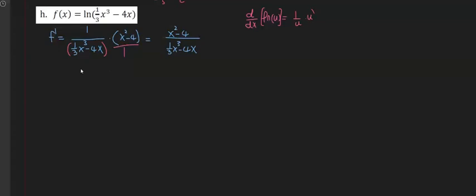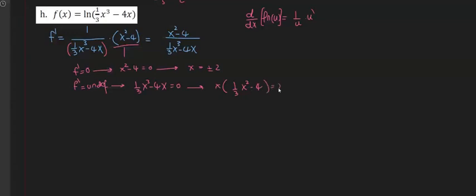Now we will equate f dash equals 0, and we will take x squared minus 4 equals 0, and this will give us x equals positive and negative 2. And then we will take f dash equals undefined, and this will give us 1 over 3 x to the power 3 minus 4x equals 0, where we can take an x as a common factor and be left with 1 over 3 x squared minus 4 equal to 0.